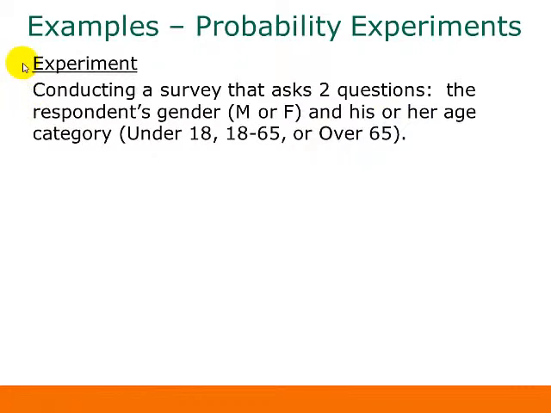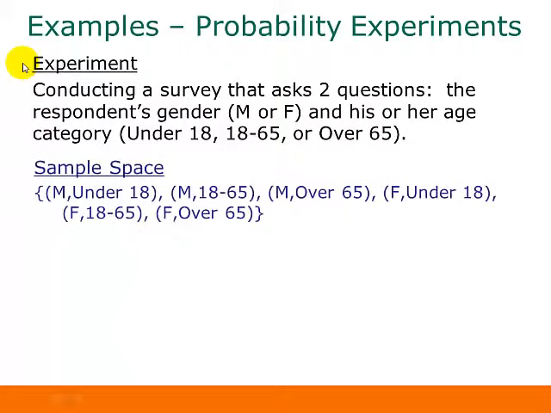Another type of experiment we conduct frequently in this course is conducting a survey. This survey asks 2 questions: the respondent's gender, male or female, and his or her age category, either under 18, 18 through 65, or over 65. So the sample space would be the set of all possible responses to the 2 questions.